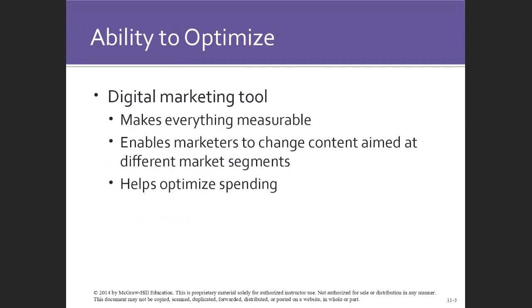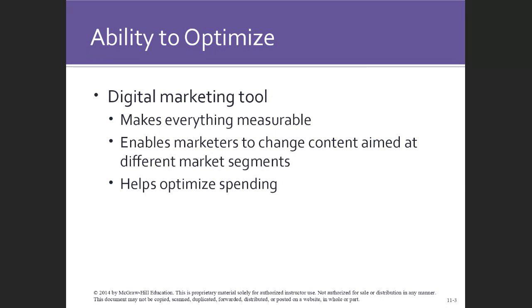So with that said, what does ability to optimize mean? Well, if we are using digital tools, whether it be e-commerce or social media platforms or any tool like that, we can measure a lot. This says makes everything measurable. I would say makes most everything measurable.